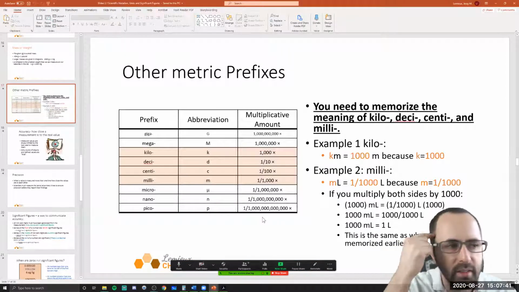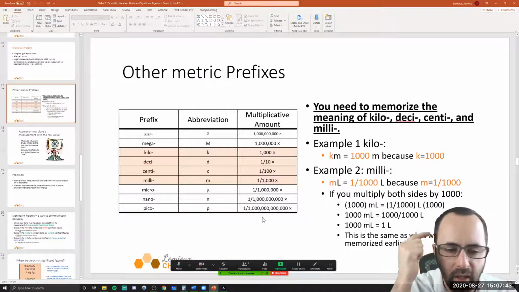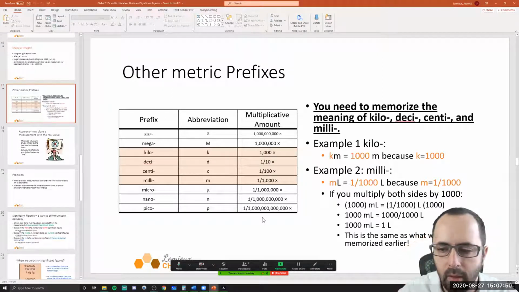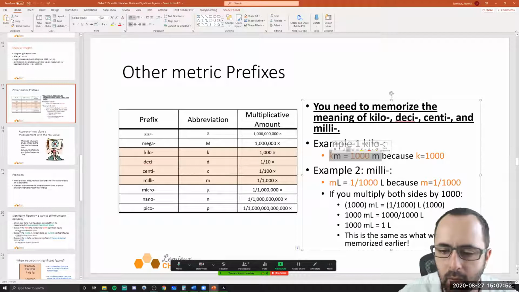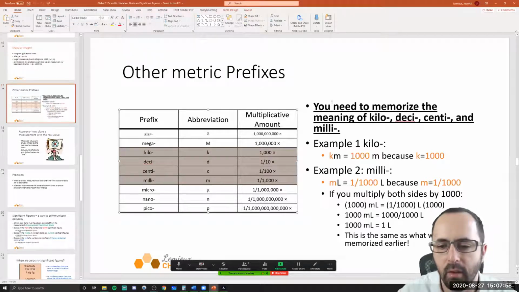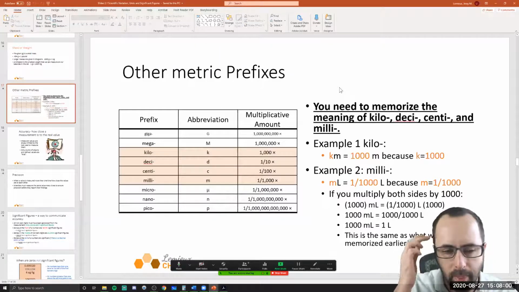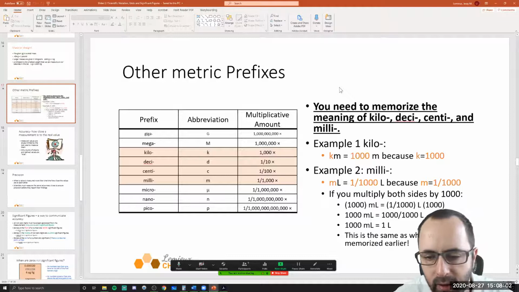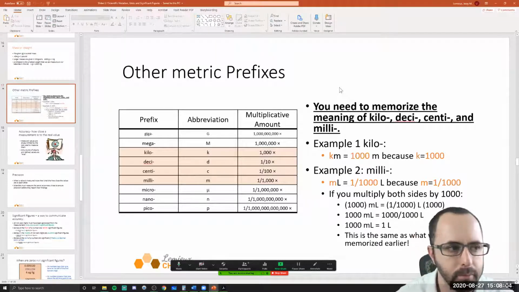I want you guys to have those memorized. You should be able to remember that kilometer means 1,000 meters, for example, or that 1,000 milliliters are in a liter. Those you want in your head. The rest, if you need them, I'll give them to you in the problem, so you won't have to go and look them up.